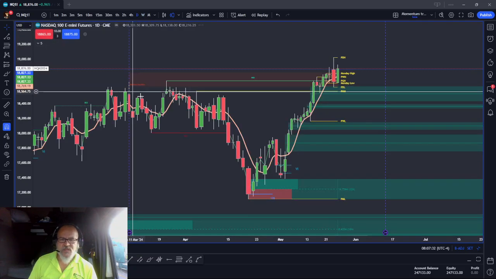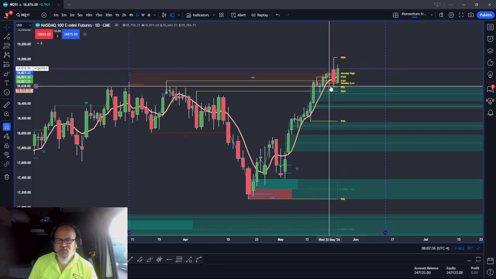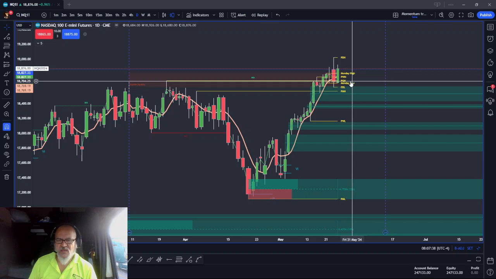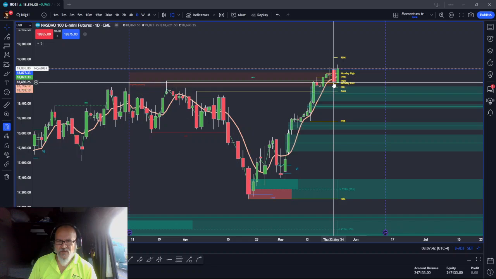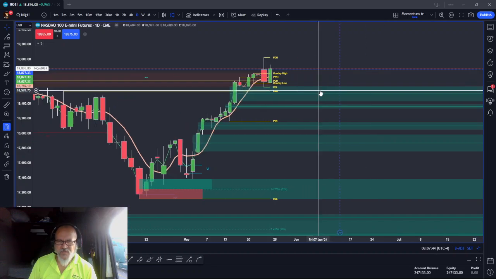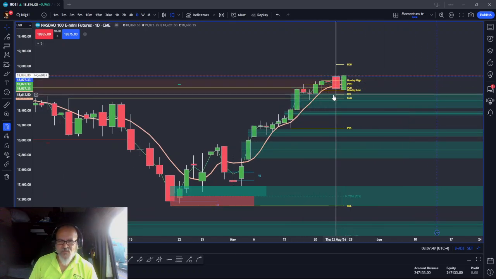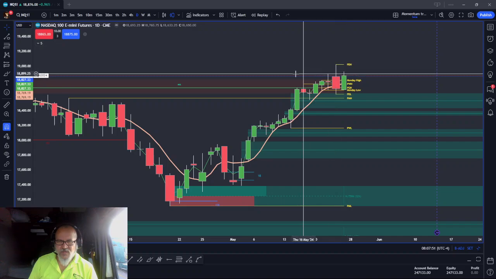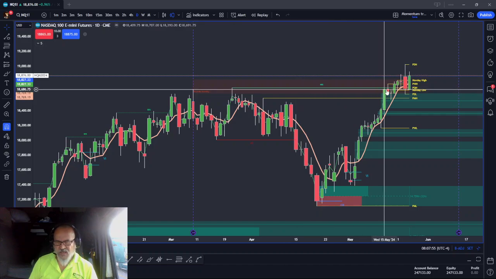Let's see what the daily looks like. We did have a pullback here, but then we had our push up. Where did we actually break it at?